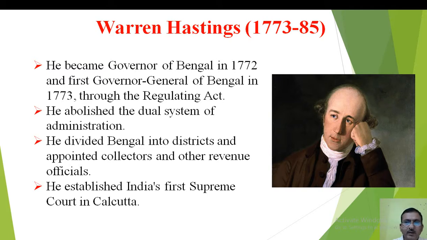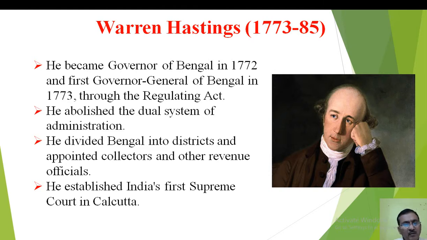You know, in the year 1773, the Regulating Act was passed by the British Parliament in order to control the affairs of the East India Company and to avoid absolute enjoyment of the power by the East India Company. In that direction, the first effort was made by the British government when they passed the Regulating Act.